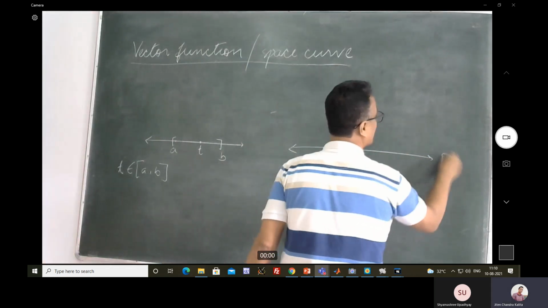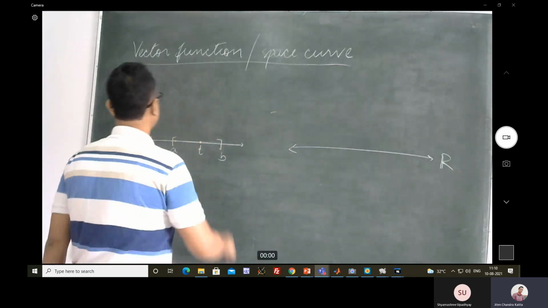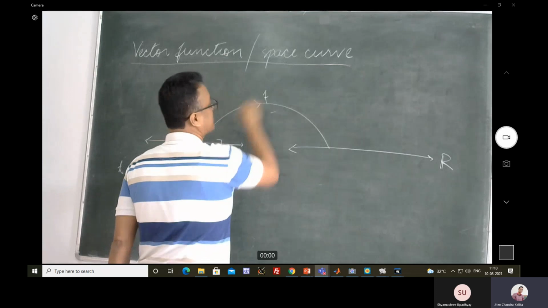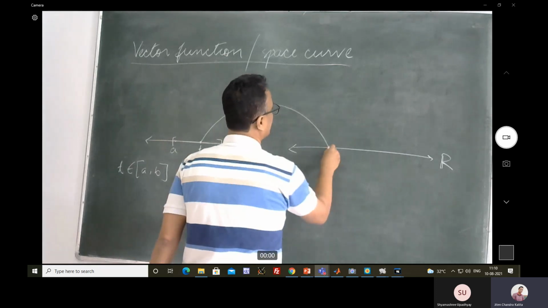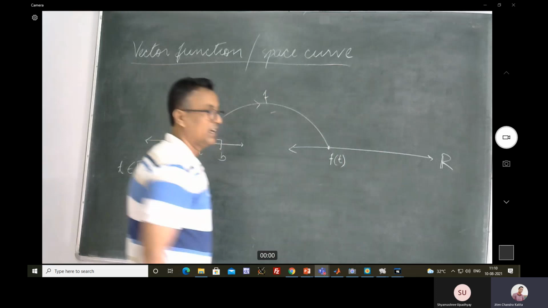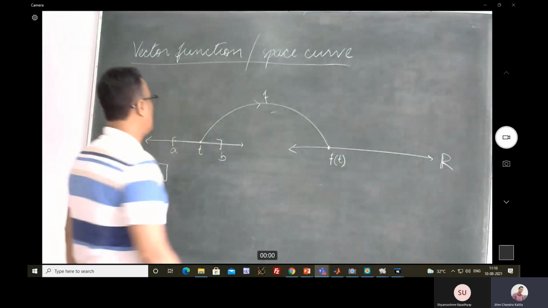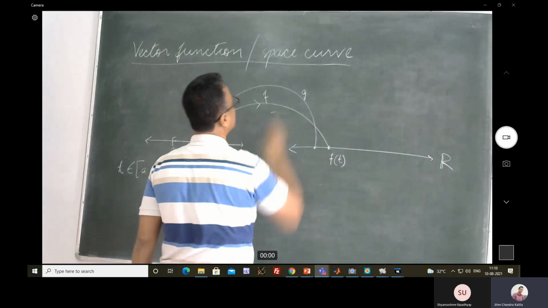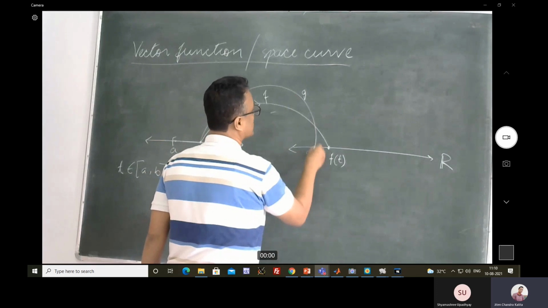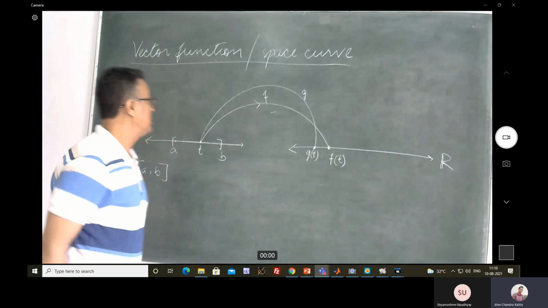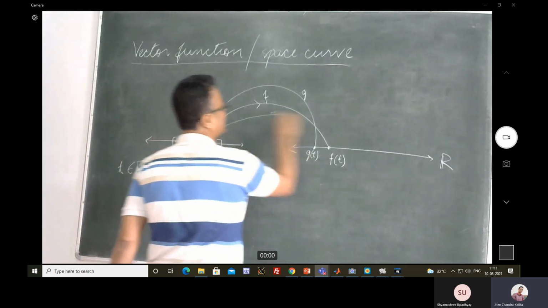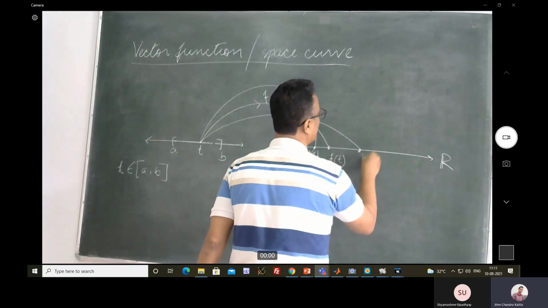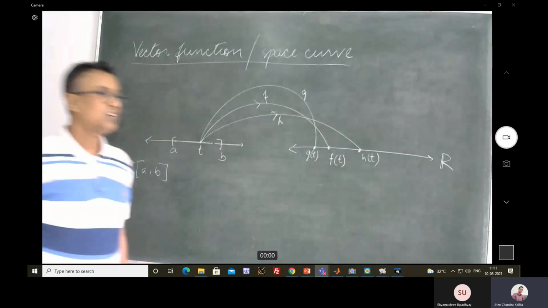Suppose this is my real line. Now if from here I define a function f, I have a corresponding value f(t) on the real line. Suppose I define another function g, so I will have a corresponding value g(t), and similarly another one, say h, which gives me a value h(t) on the real line.